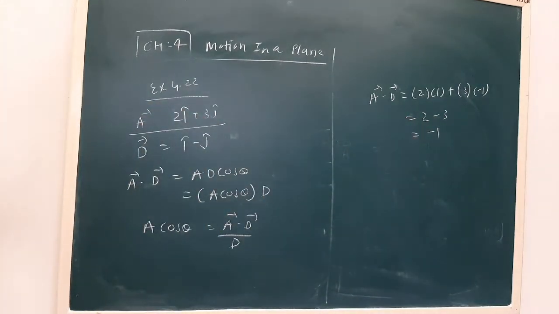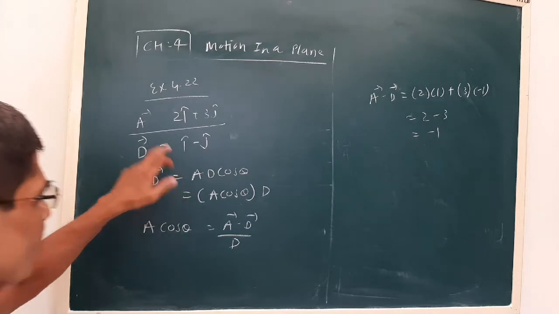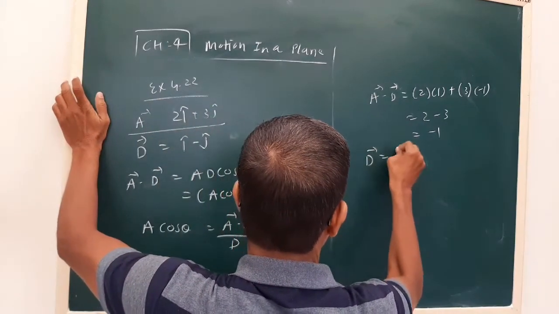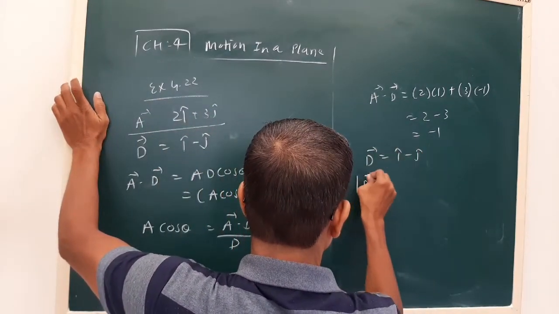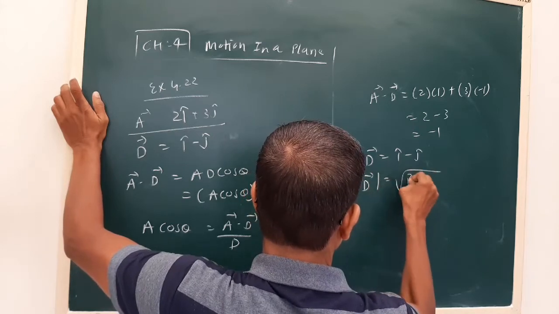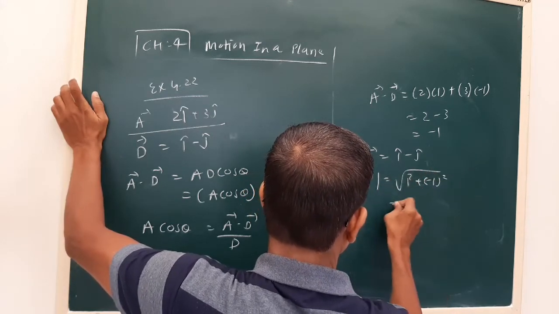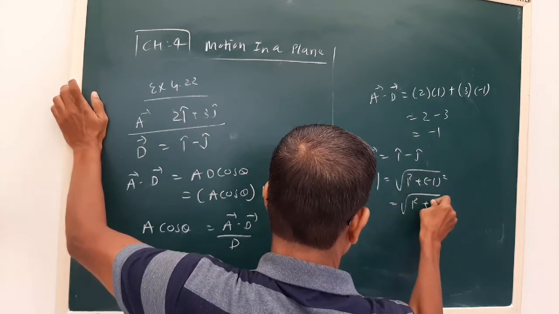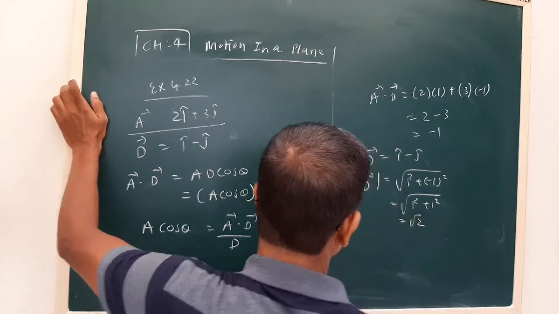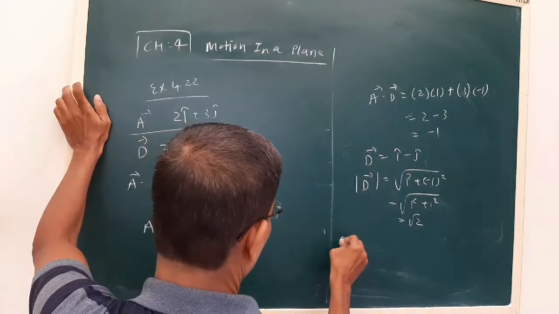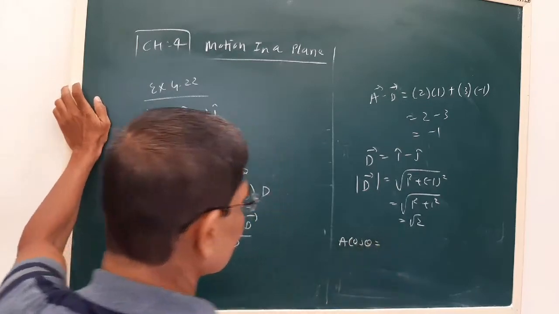And what is the magnitude of the vector D? D is i minus j. So A cos theta we can find out.